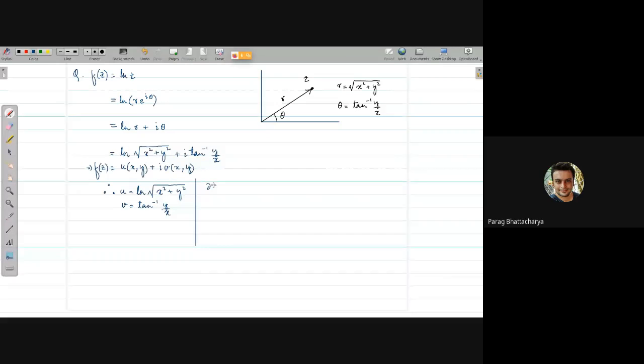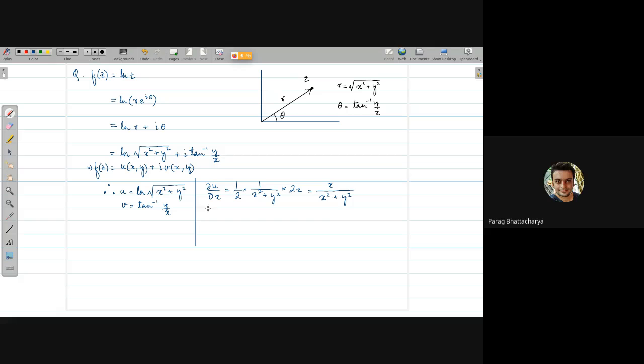So dou u by dou x will be equal to 1 by 2 times 1 divided by x squared plus y squared times 2x, which is going to give us x divided by x squared plus y squared.